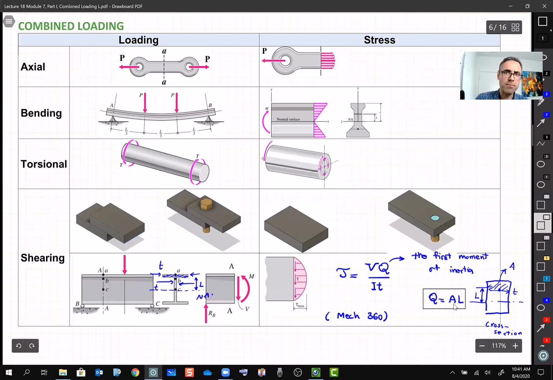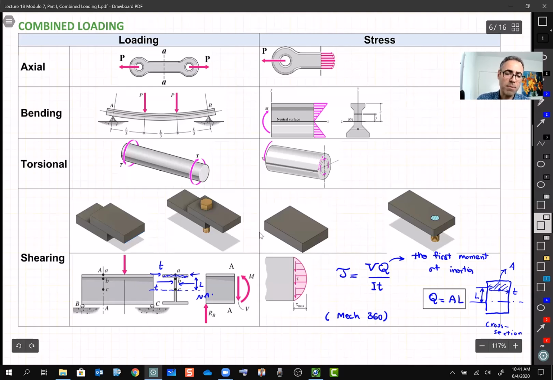But don't worry about this part. This is a portion that you don't need to study for Mech 260. And also in the future, in a design scenario, most of the time we ignore this tau. In most of the designs that I do, I ignore this tau, because it is very, very small.